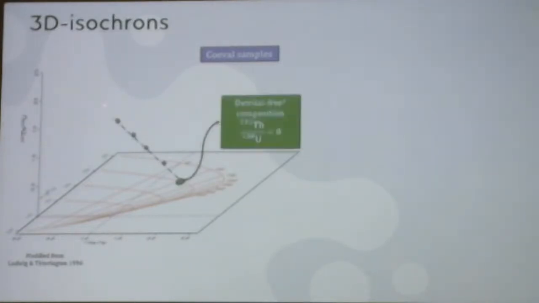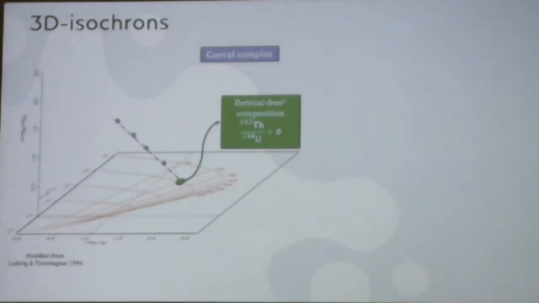In reality, we have the coeval samples, and we can project that to get the composition of the detrital-free sample, basically where 232 over 238 is equal to 0.